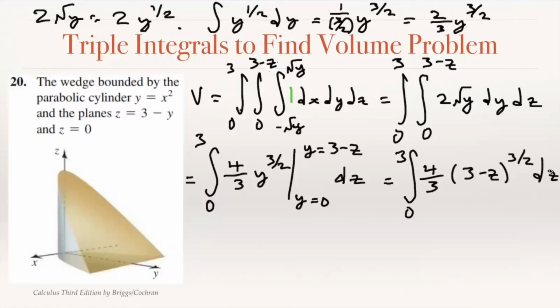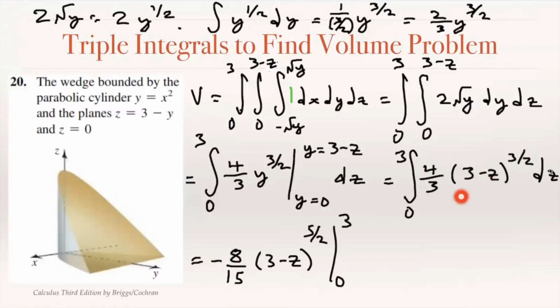And fortunately, this isn't bad to integrate either. It's just a chain rule. Integrate the power of 3/2, it becomes a 5/2. We divide by 5/2. So 4/3 divided by 5/2 is 8/15. And by the chain rule, the negative z makes us stick a negative sign there.